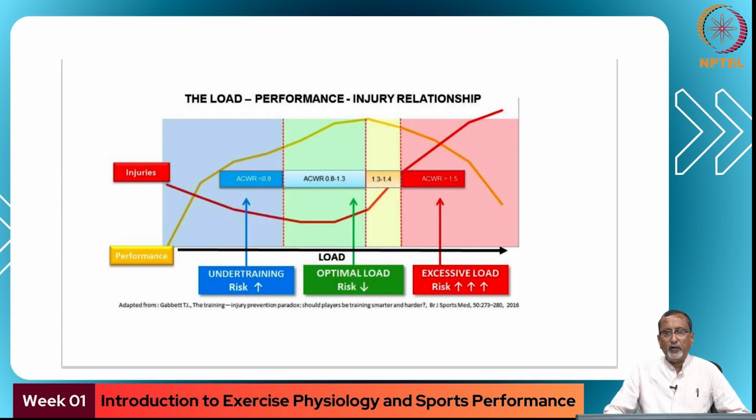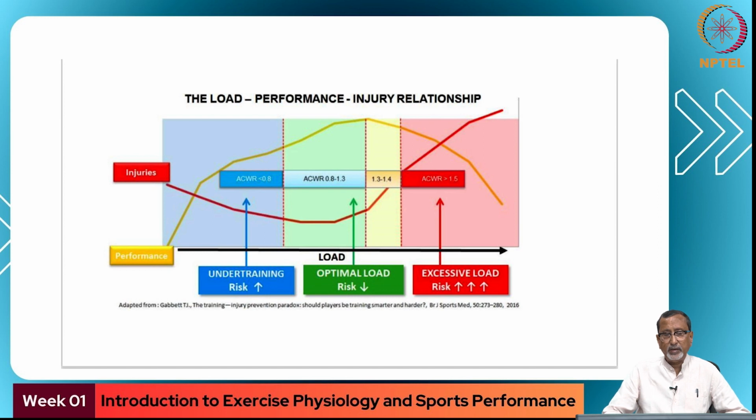Now, performance and injury are very much related, because modern day sport is very challenging and demanding, and the athlete, the coaches and practitioners must be very careful to structure the loading.